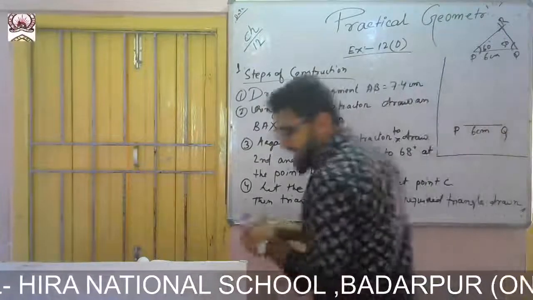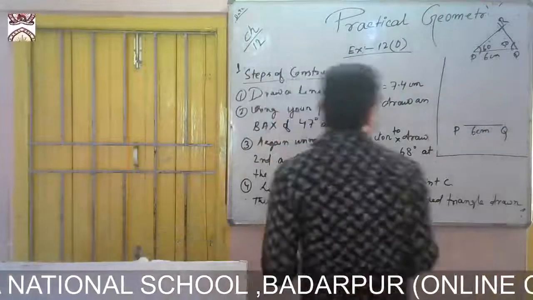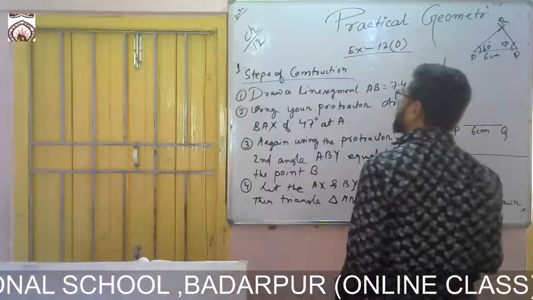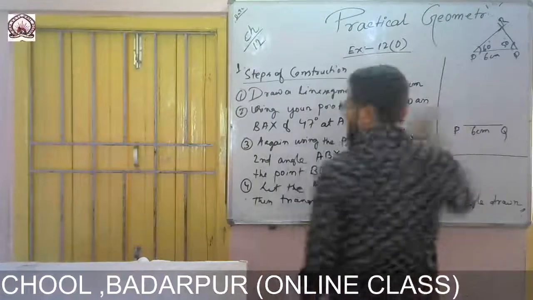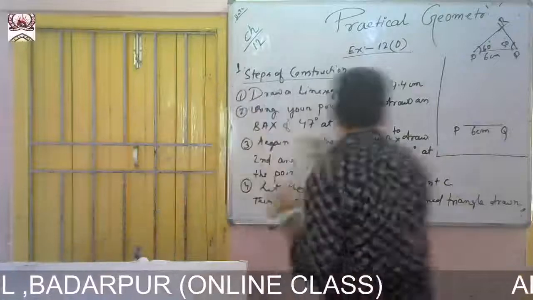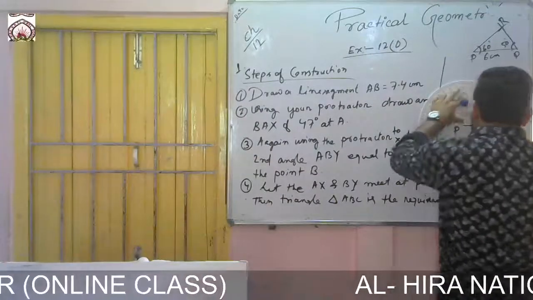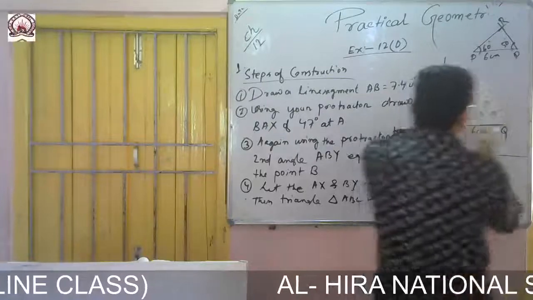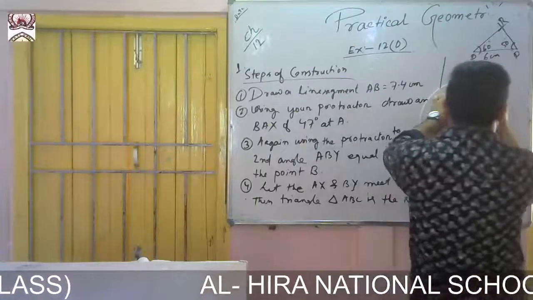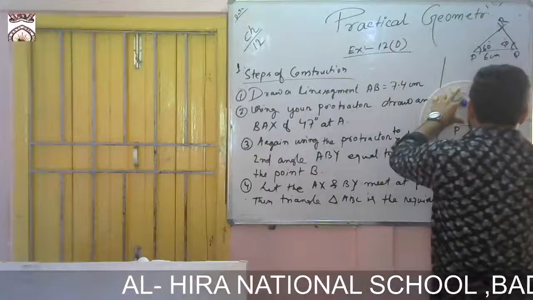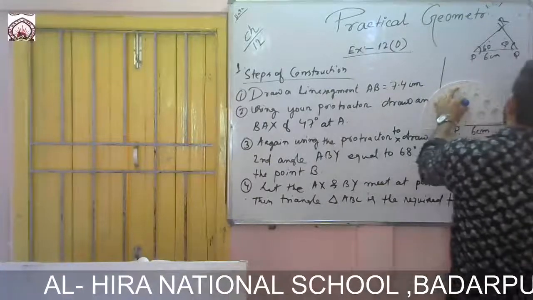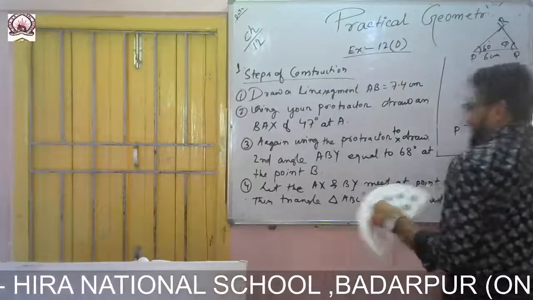Now at P I shall draw 60 degree. So take your protractor and measure 60 degree. Start counting from right to left: 10, 20, 30, 40, 50, 60. Okay, 60 degree.